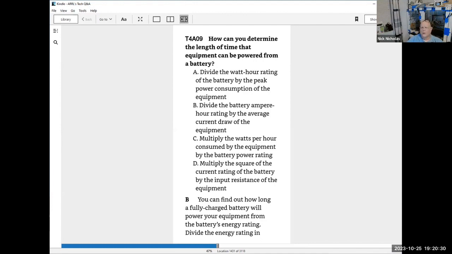Listening time, it only draws a few milliamps, so that's close to nothing. Calculating it precisely requires metering it all the time and doing the math as it goes, so if you want to guesstimate, you say, okay, I've got a 4 amp transmitter because it's a 50-watt transmitter and it's 50% efficient.